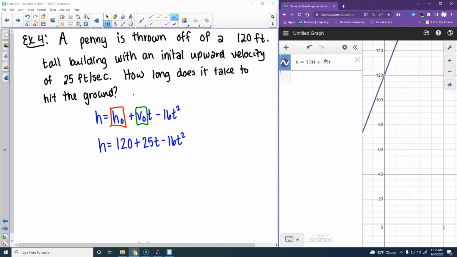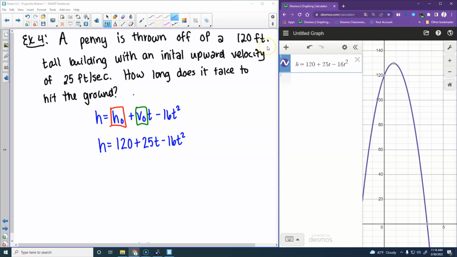Everybody type it in. My window looks pretty good here already. I'm not going to change much. Question, Wade? Or you just got it already? I'm going to see what Passion gets for this one. Your window's just bad.